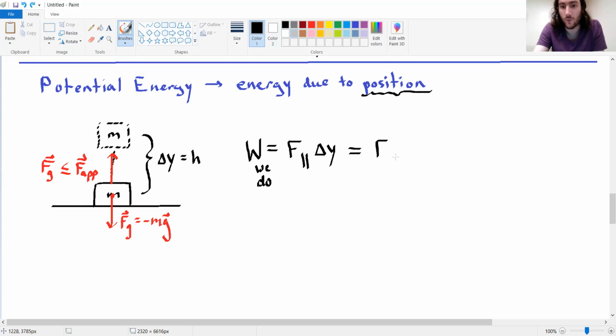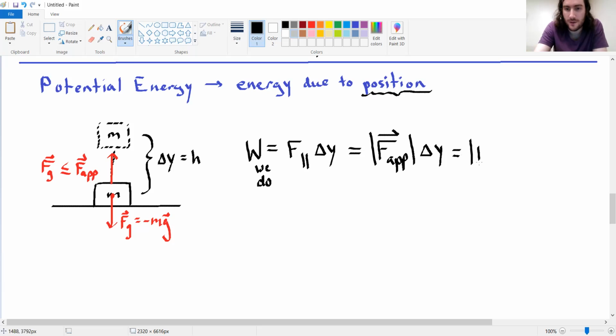Actually, let's write down one more step here. We called the force that we're applying F applied. And F applied is in the same direction as the displacement, and it's a constant force. Its magnitude is equal to the force due to gravity. So no cosine theta shows up here. The applied force is in the same direction as the displacement, so there's no minus sign.